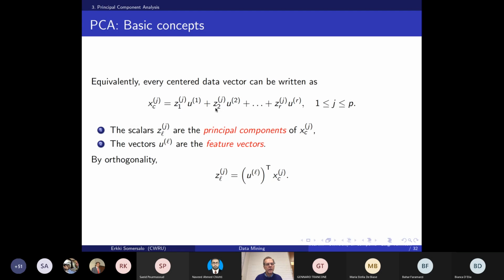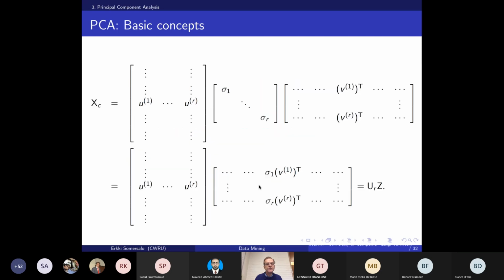So principal components are obtained simply by projecting onto these one-dimensional spaces spanned by these feature vectors. So the feature vectors contain enough information so that you can calculate back the principal components. You don't have to know what the singular values are. You don't have to know what the other singular vectors VL are. If you have the data and you have the feature vectors, you can always calculate the principal components by this inner product here. And that's useful.